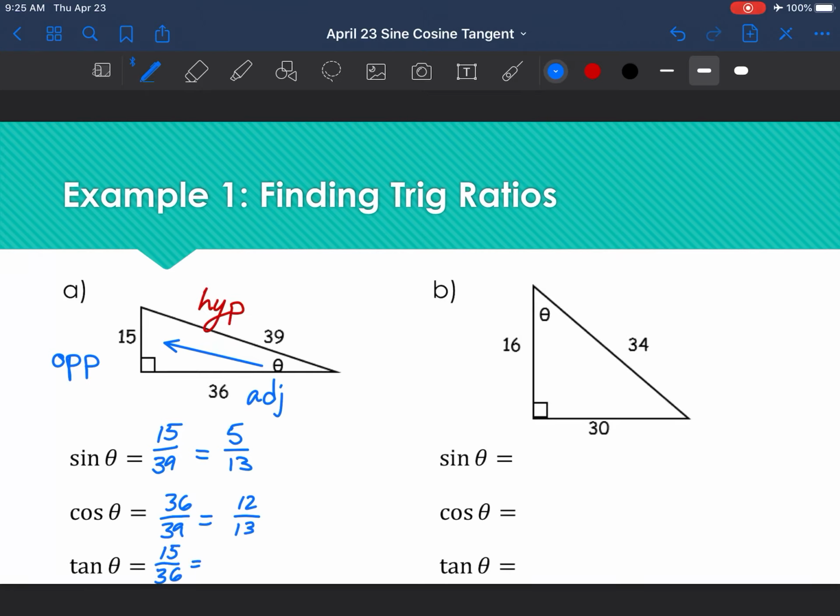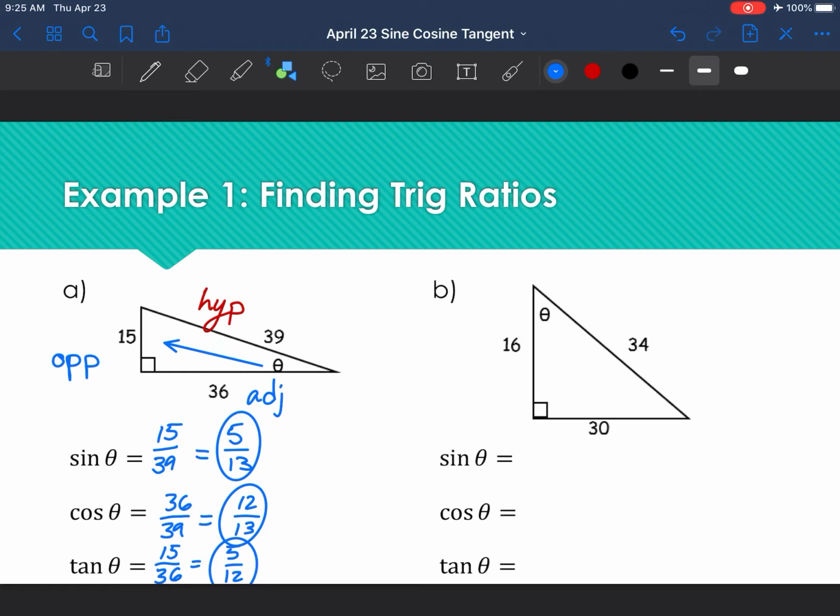Divide both of these by 3 and you get 5 over 12. So there are your 3 trig ratios for that one. Sine is 5 over 13, cosine is 12 over 13, and tangent is 5 over 12.